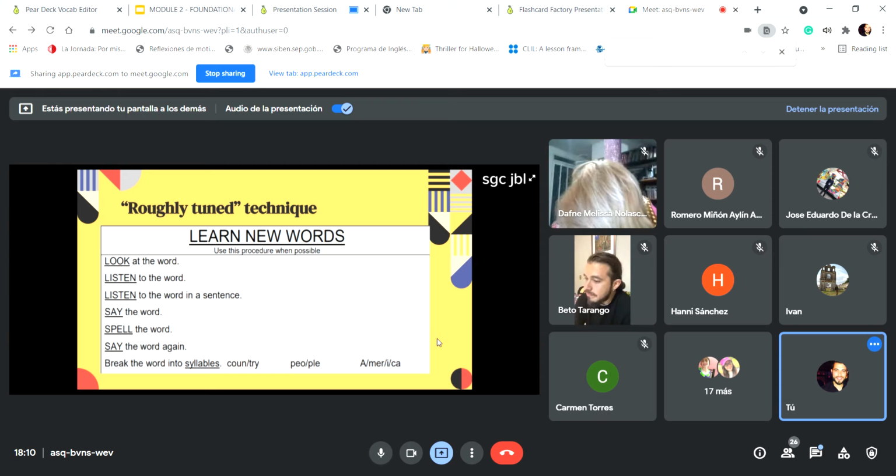So, if you check here, it says, learn new words, use this procedure when possible. Look at the word, listen to the word in a sentence, say the word, spell the word, say the word again, break the word into syllables.